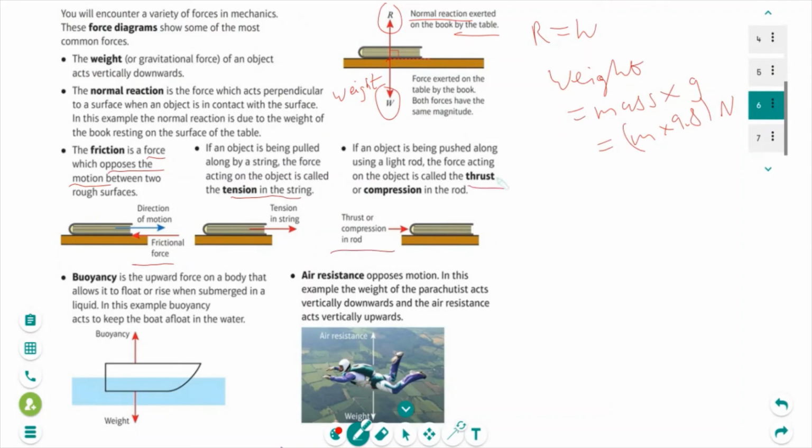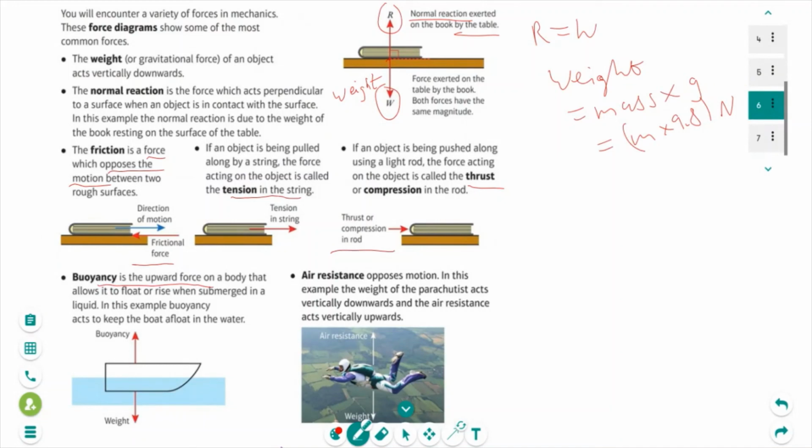Okay. This example is about a boat. Obviously the boat is going to have some kind of weight. Obviously the boat doesn't sink to the bottom because the water is exerting a force upwards. So that upward force is called the buoyancy. So the force from the water, which prevents the boat from sinking, is called the buoyancy.